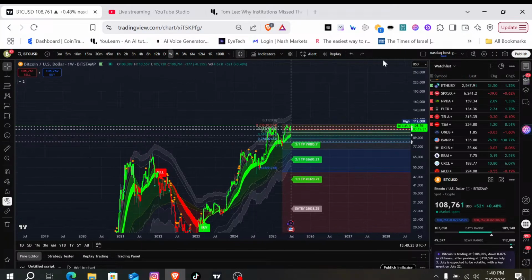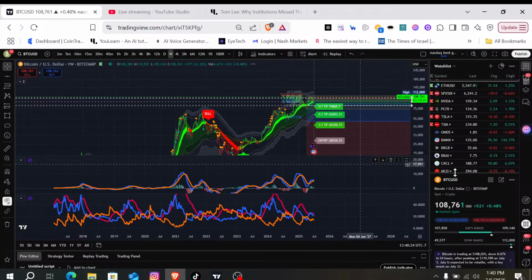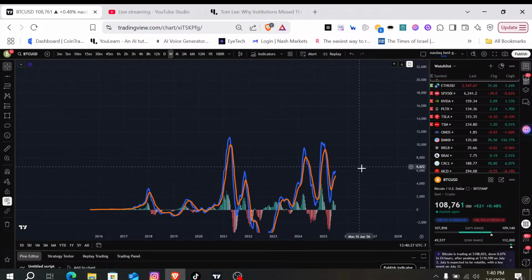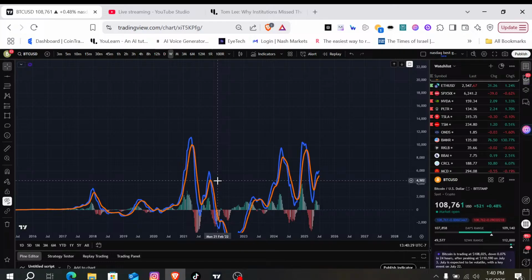So let me go back to this. The fact that we're still holding above this, I see that the graph still. So either we're slowly gonna continue this, and since we're at 106, by the time we get here, we should already be in the 150s at least.